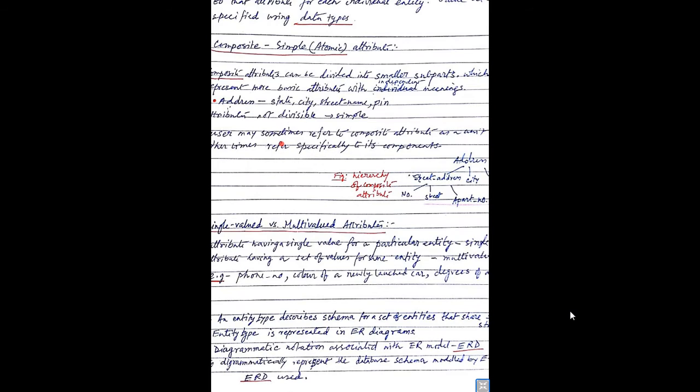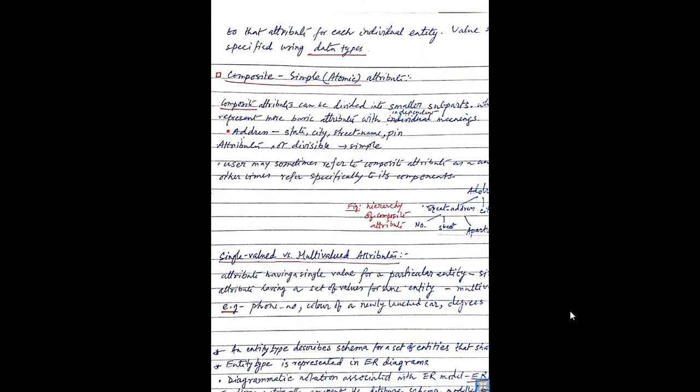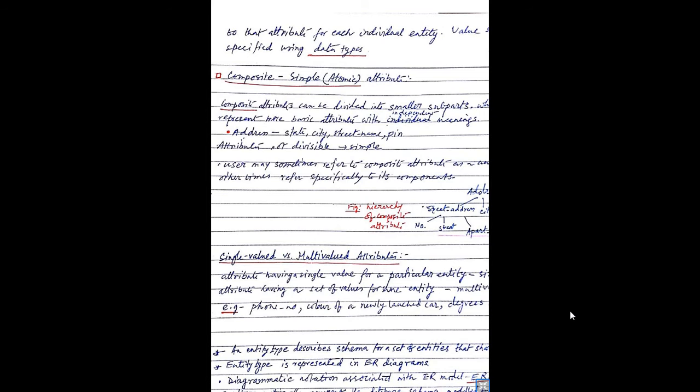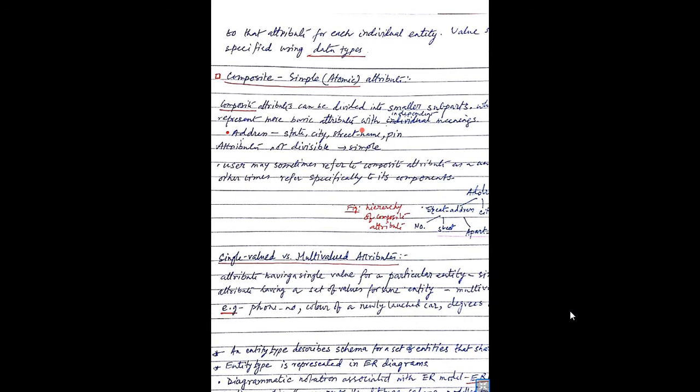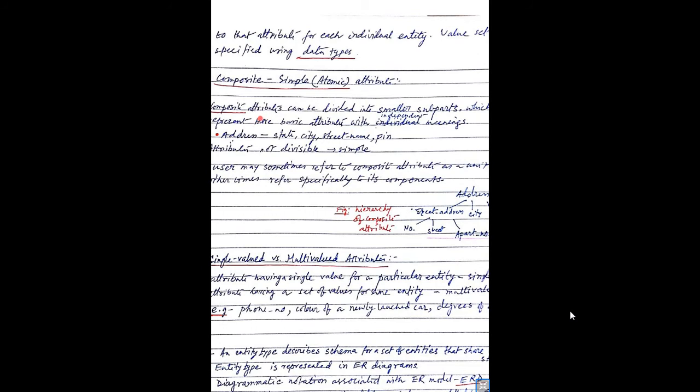So let us see the different types or categories of attributes. First of all, there are simple attributes and composite attributes.